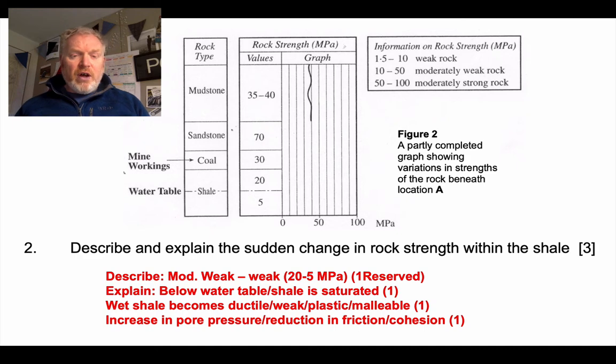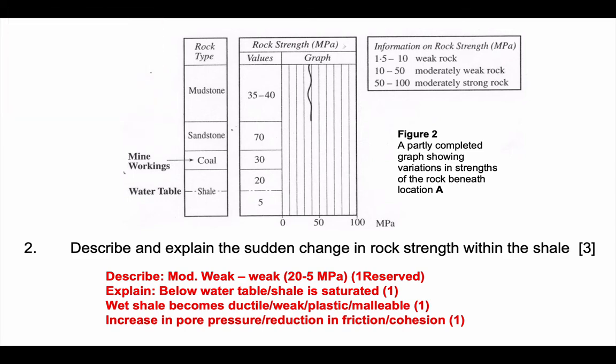And that's a result of pore water pressure. We've talked about that quite a few times in the course. Pore water pressure will reduce the cohesion between grains within the shale. So there's 1 mark for describing there and the other 2 marks for explanation.